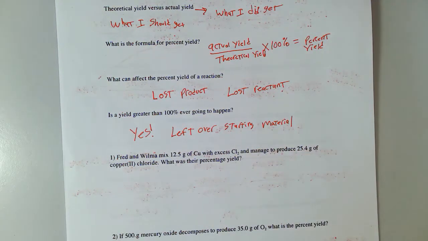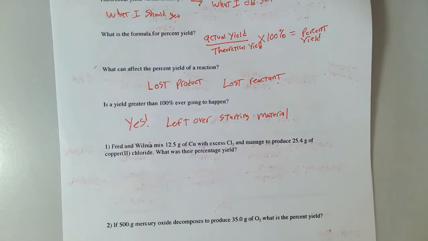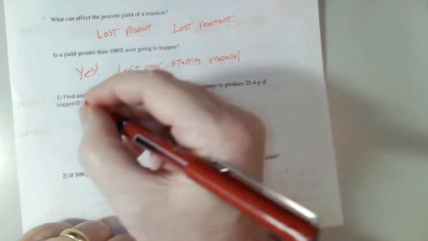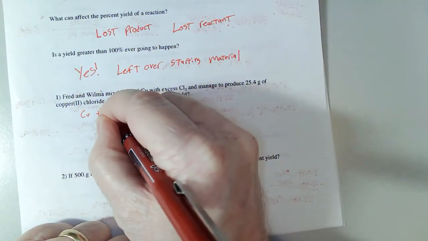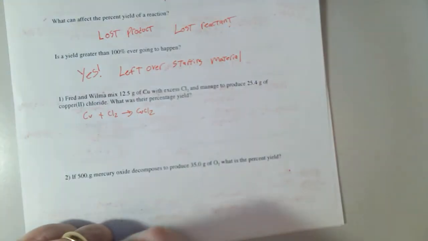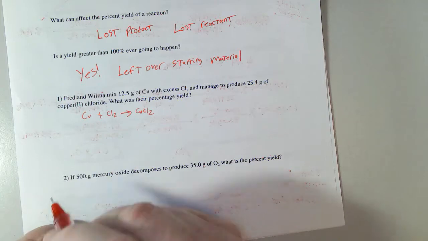Okay, so let's try a question here. Fred and Wilma mix 12.5 grams of copper with excess chlorine. That's going to be Cu plus Cl2 gives me CuCl2. Okay, they produce 25.4 grams of copper 2 chloride. What's their percent yield?